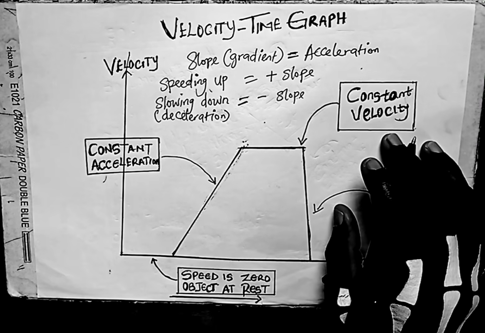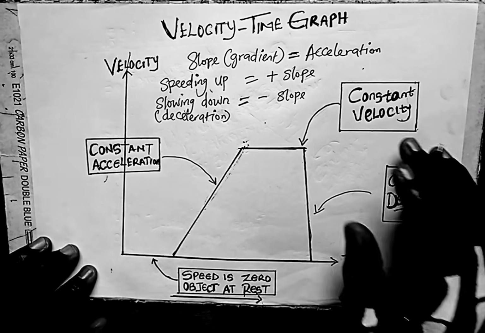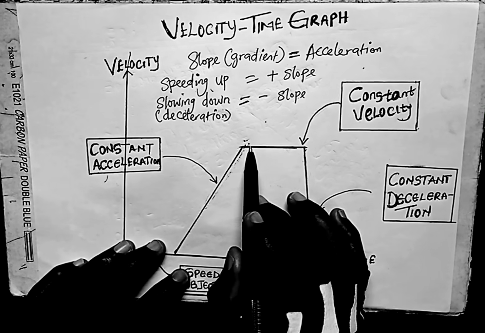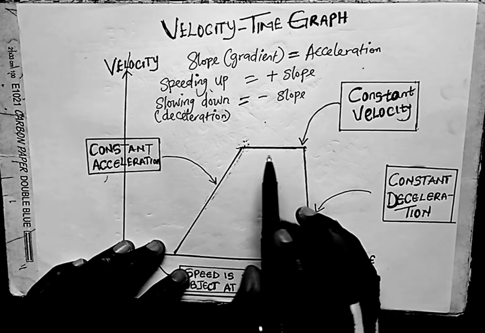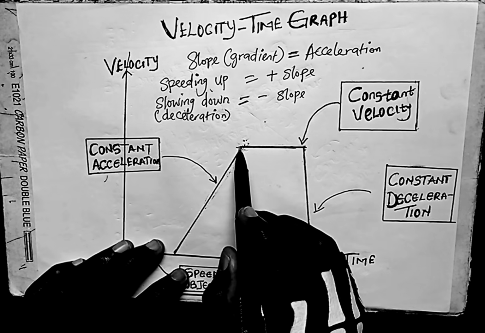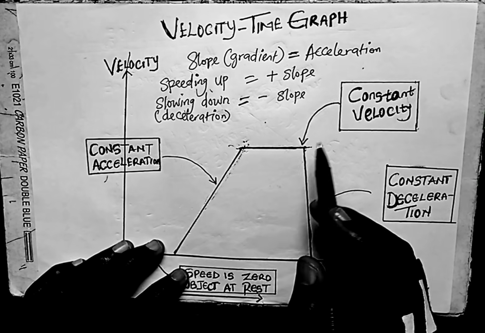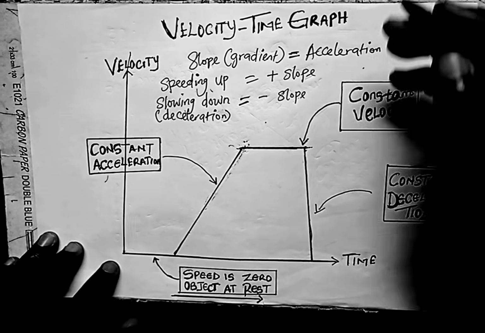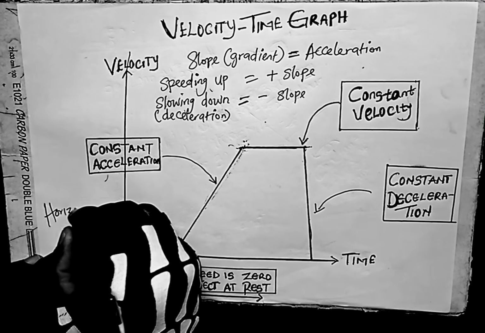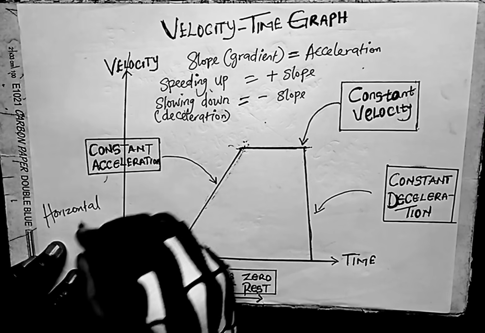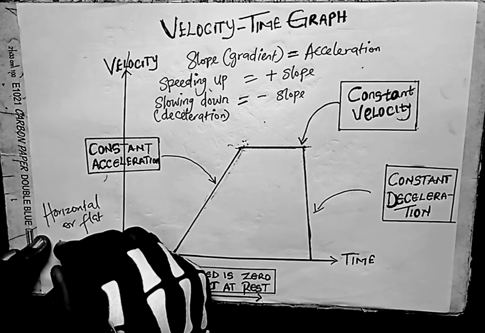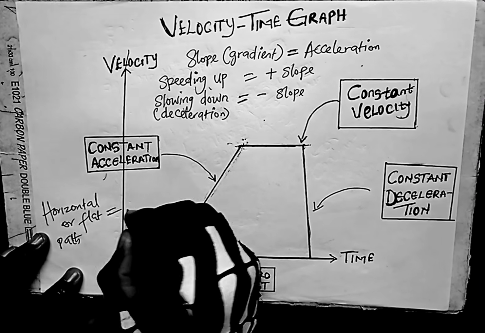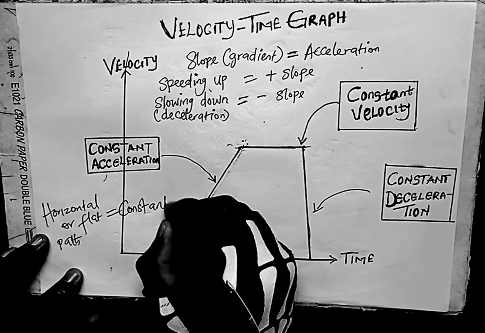Take note too. We have to look at the flat or horizontal part. Remember, in a distance-time graph, this straight horizontal, flat part is known as constant speed. But here it is called constant velocity. So the horizontal or flat part is equal to constant velocity.